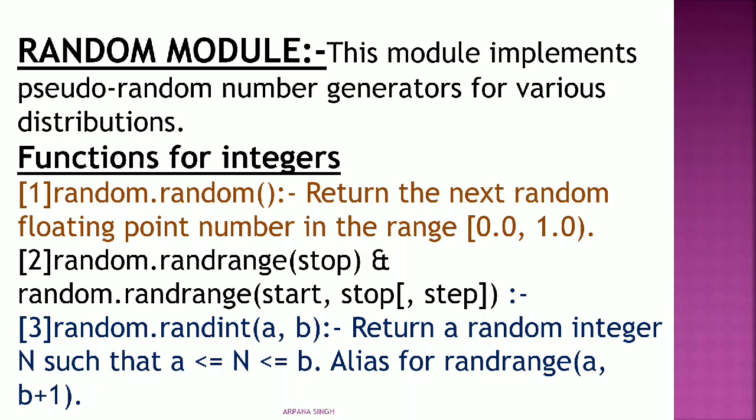And if there are 3 arguments, start, stop and step, then a random number from the list of numbers generated from start to stop minus 1 with the given step. Randint generates a random number between a and b, including a and b.